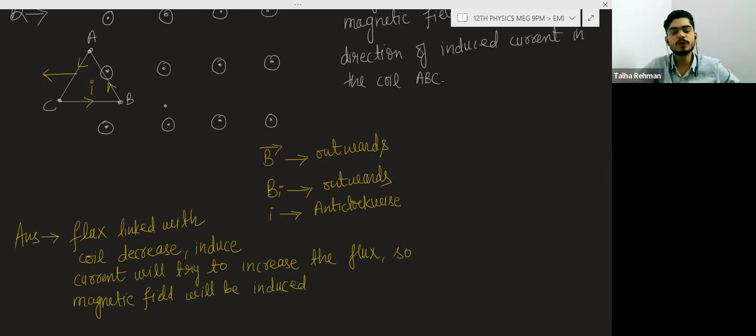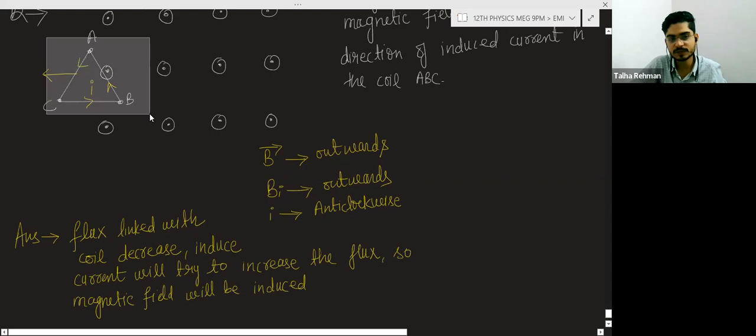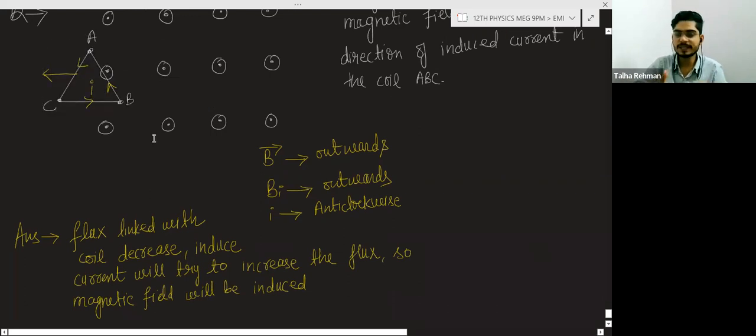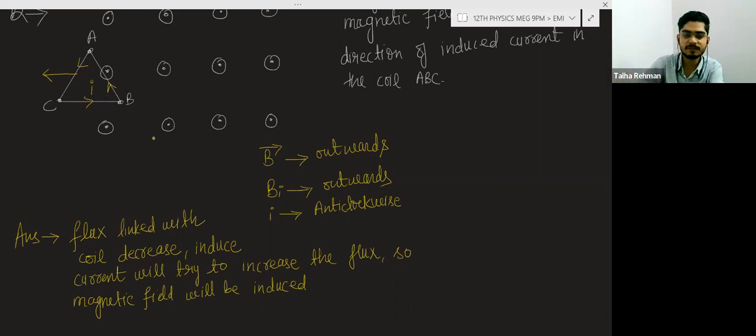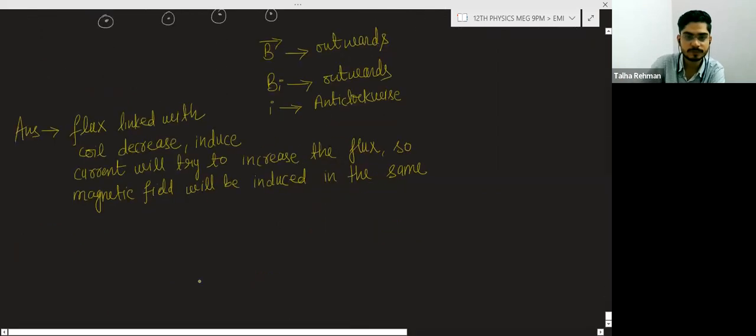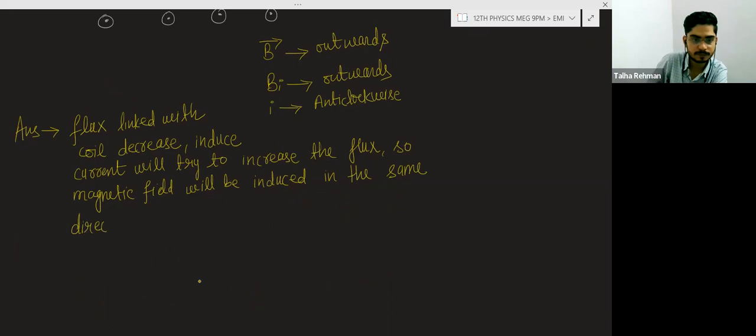So if we want to increase the magnetic flux linked with the coil, what will we do? We will increase the magnetic field. So how will the induced current increase the magnetic field? By inducing a magnetic field in the same direction as the given magnetic field. So the magnetic field will be induced in the same direction as the given magnetic field, that is outwards.